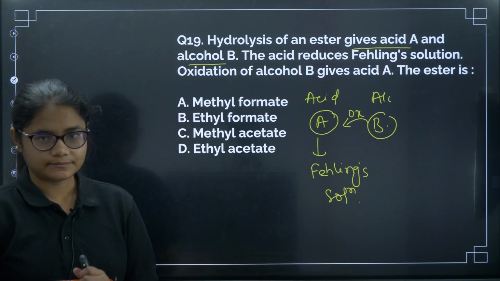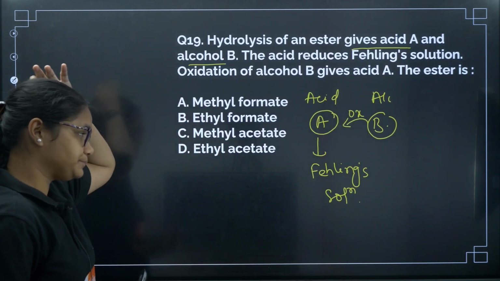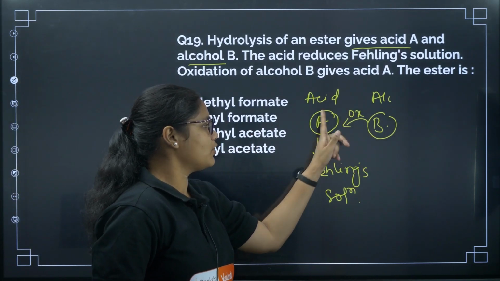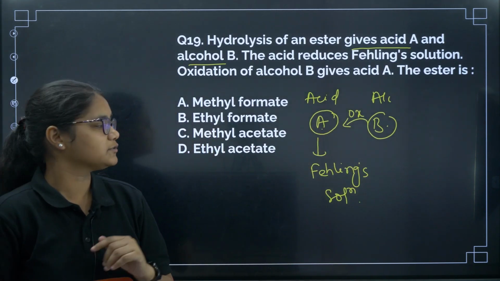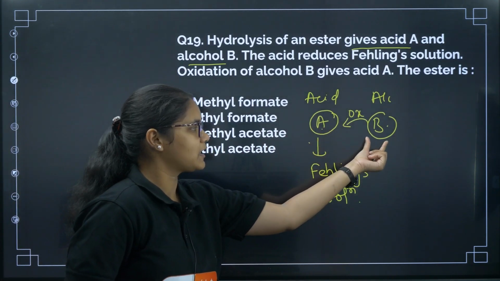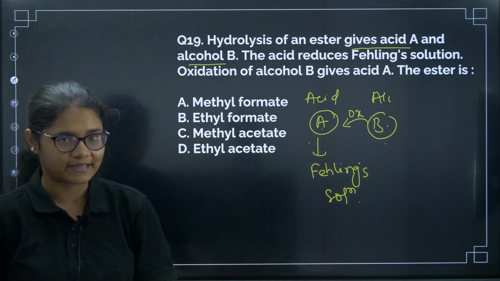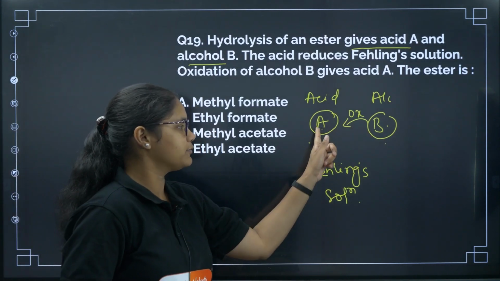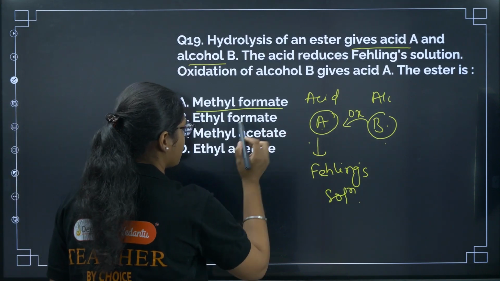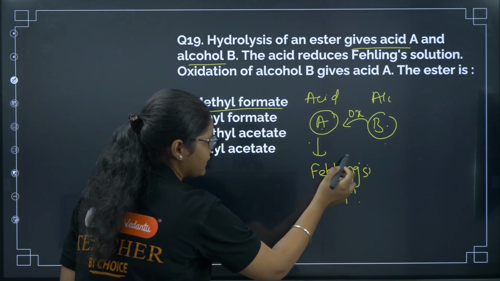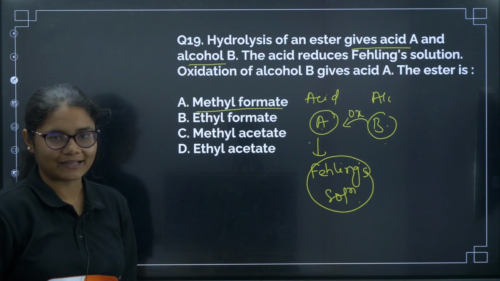The ester is... Okay, so now if you see here, this one on oxidation gives this one, means both of them should have the same carbon, right? So the carbon number present in the acid and the carbon number present in the alcohol should be the same. That's why when you oxidize this one, you can get this one. So now, methyl formate, and one more, the acid which can reduce Fehling solution is your formic acid, right?